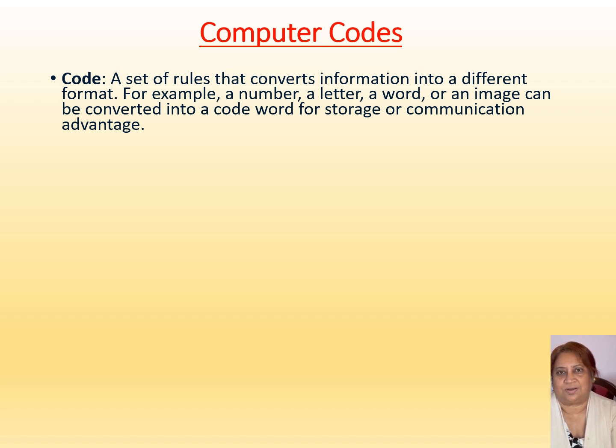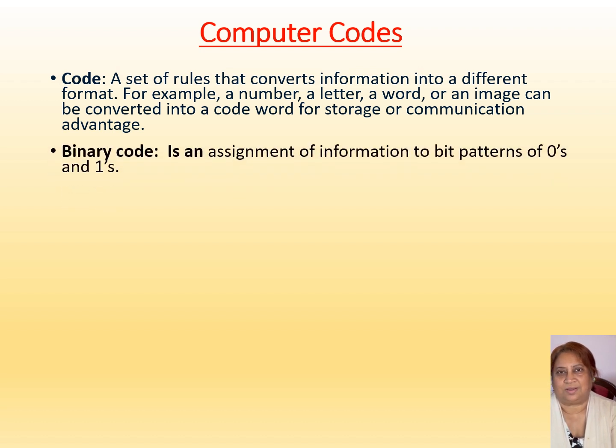Because maybe we'll get some advantage in saving the storage space that will be required or for transmitting that data in the original format, maybe taking too much of bandwidth. But if you convert it in a coded form, it will save the bandwidth. So that is the definition of a code. It is just transforming the original information into another format.